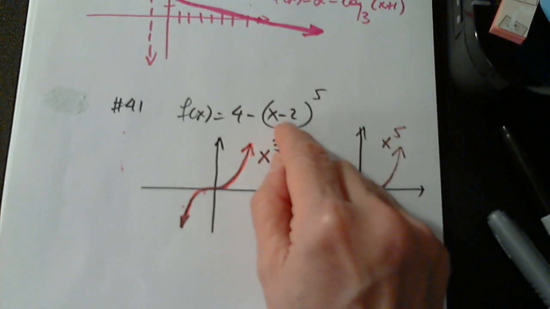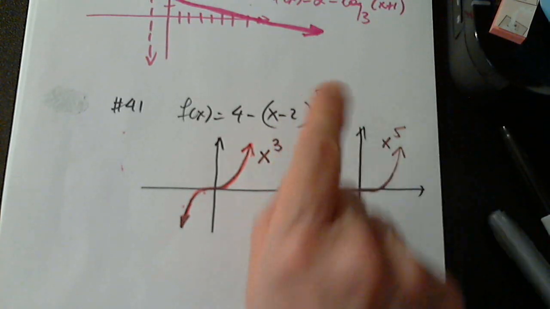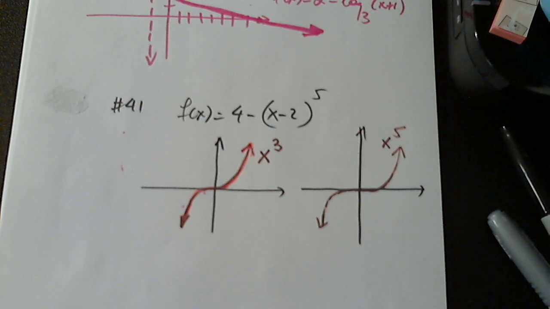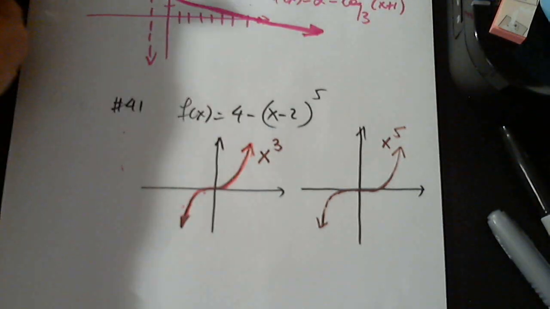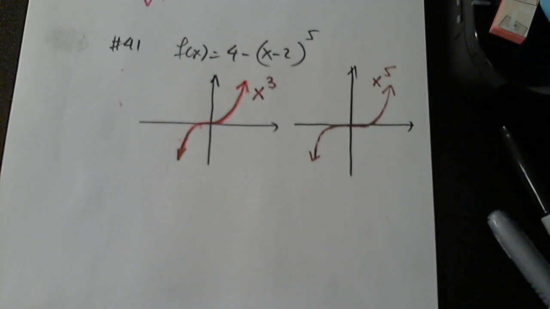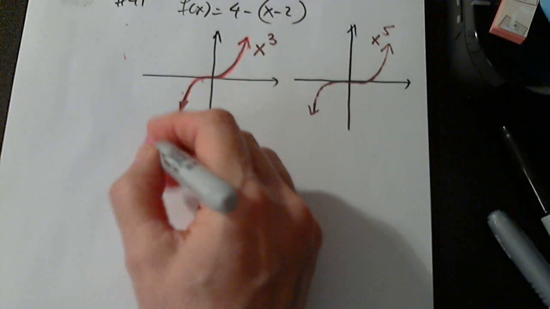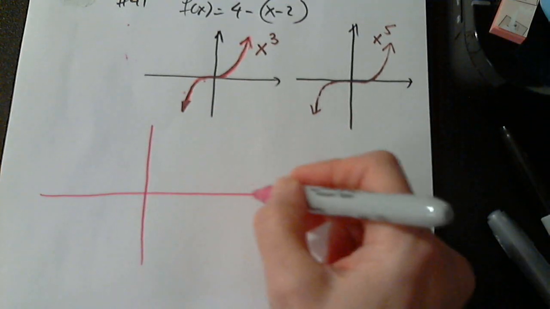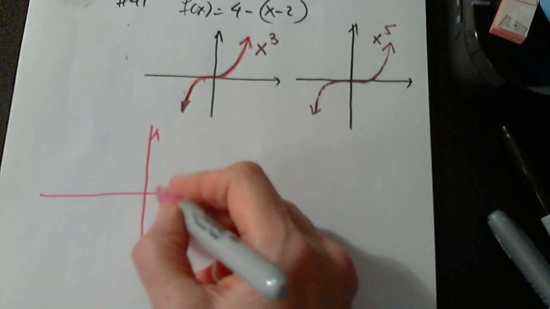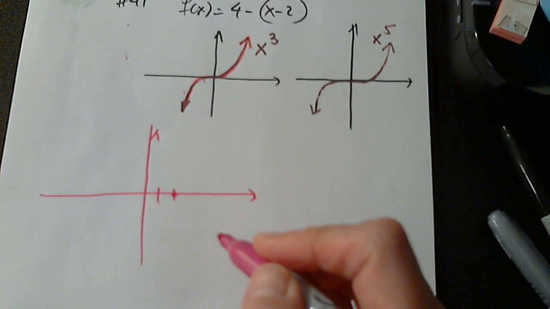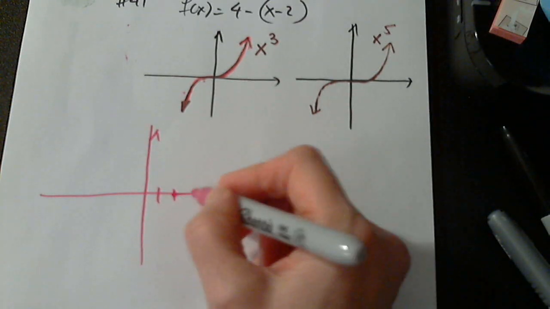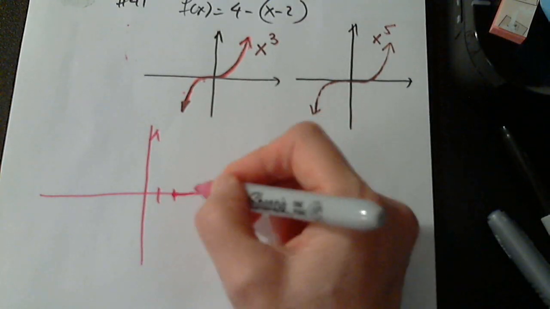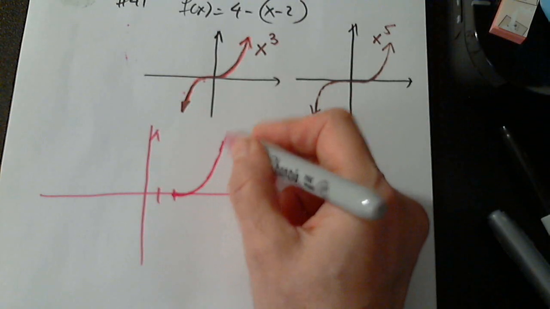So now I have x minus 2, which will shift the graph in which direction, how many units? To the right by 2. Yes, awesome. Very good. Thank you. Who was that, Kevin? Okay. So it's right here. So now the graph, I'm exaggerating as much as I can.